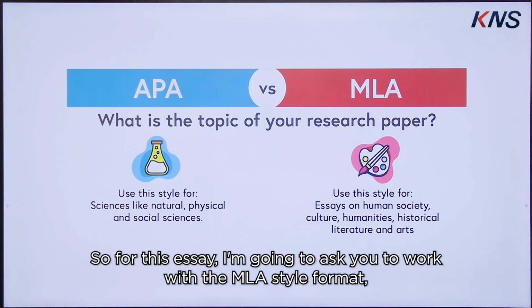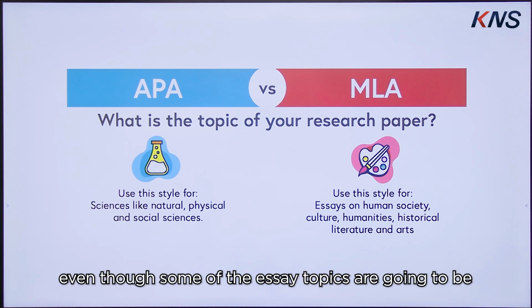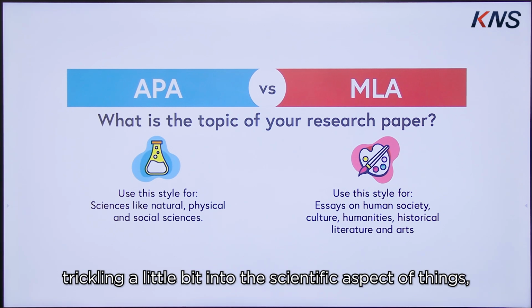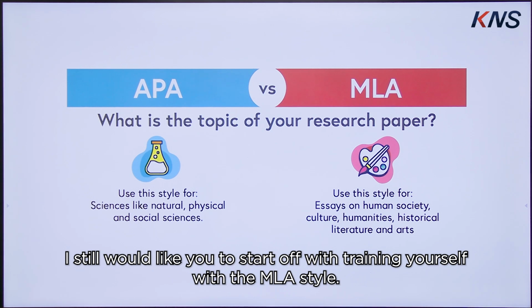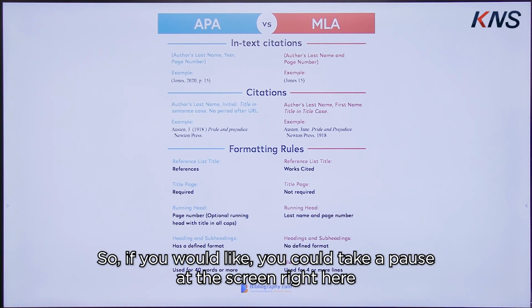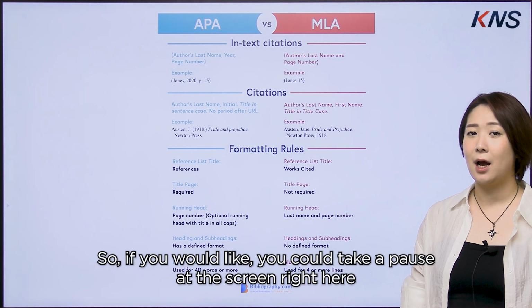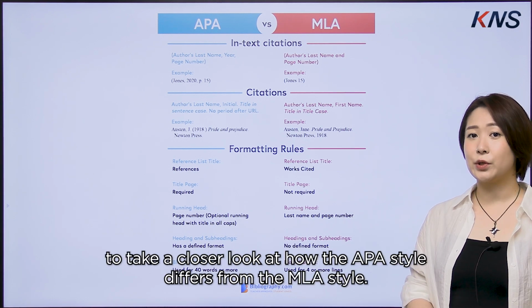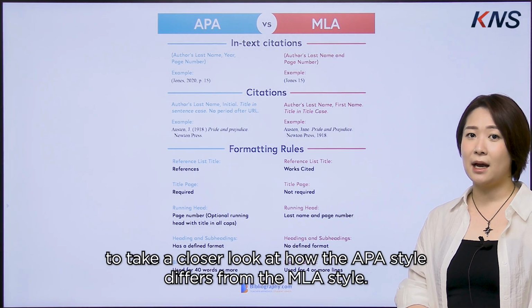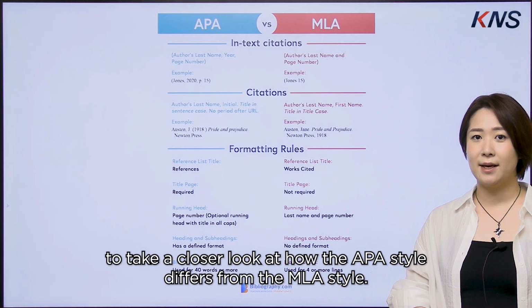So for this essay, I'm going to ask you to work with the MLA style format. Even though some of the essay topics are going to be trickling a little bit into the scientific aspect of things, I still would like you to start off with training yourself with the MLA style. So if you would like, you could take a pause at this screen right here to take a closer look at how the APA style differs from the MLA style.